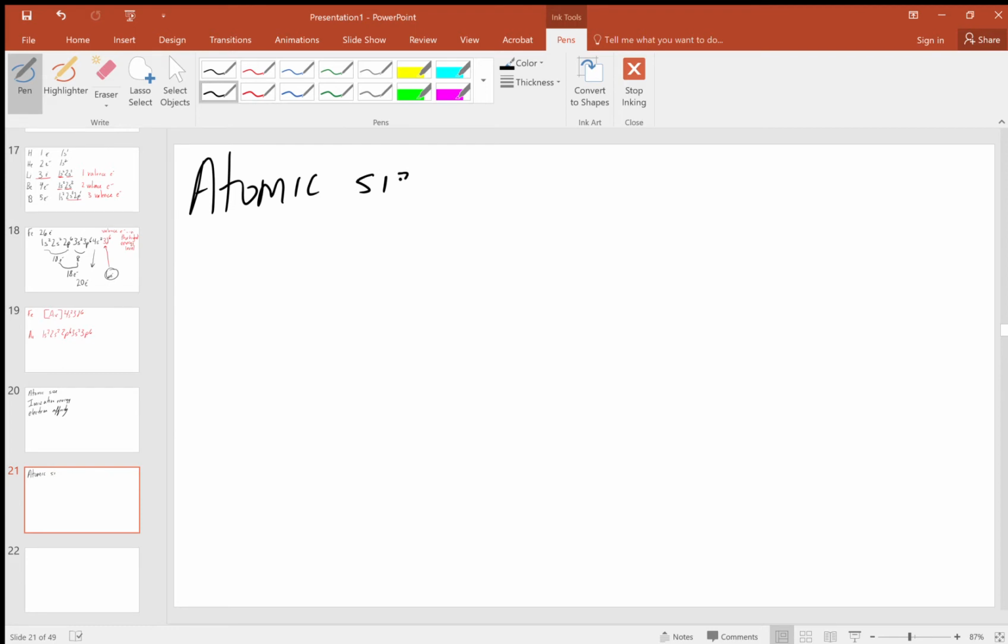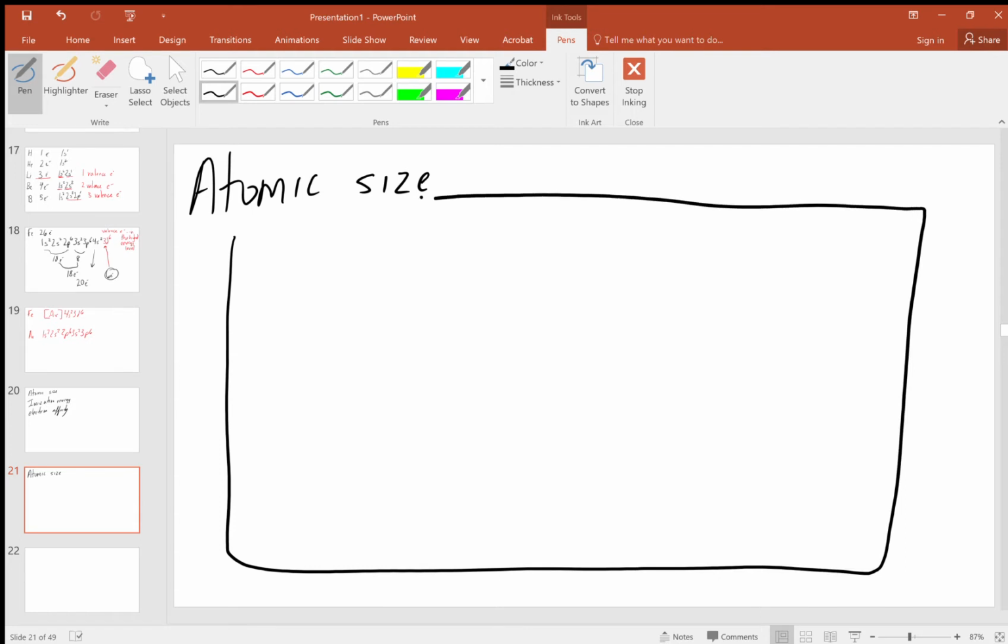So let's start with atomic size. I'm not going to bring up the actual periodic table, just going to think of it in this way. And the reason we can make a lot of these trends is because of these patterns that we see with the way the electrons are configured. Elements in the same group, the same column, have similar electron configurations.